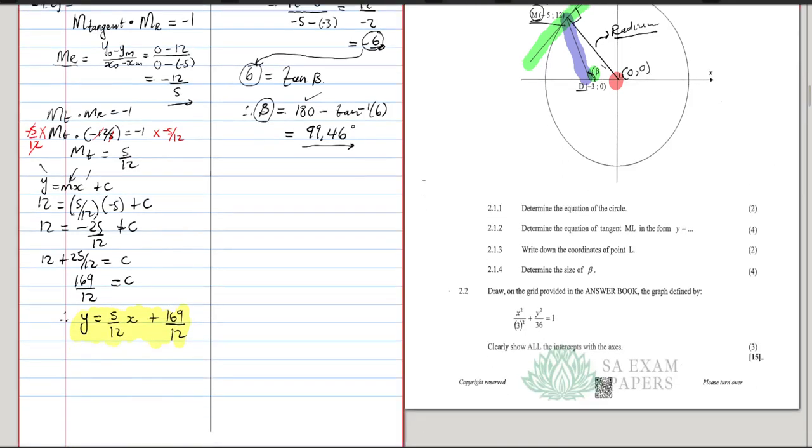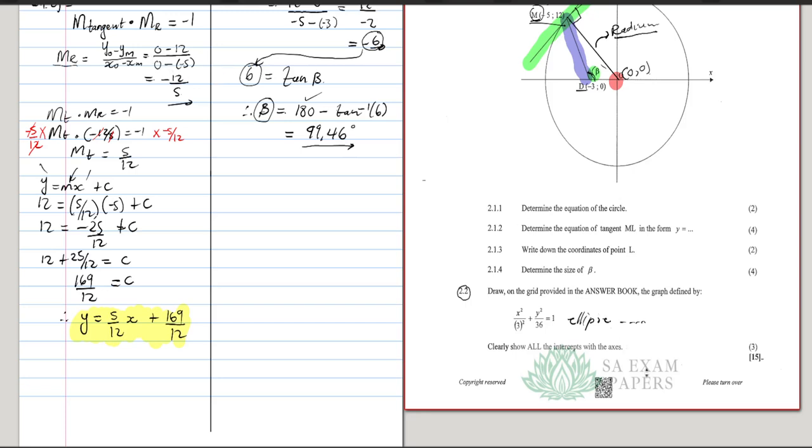Now for the last question, 2.2, we have to draw on the grid provided on the answer book the graph defined by, this is an ellipse. This is an ellipse graph, okay? I don't know how you guys plot this thing in class. Let me just grab the grid.